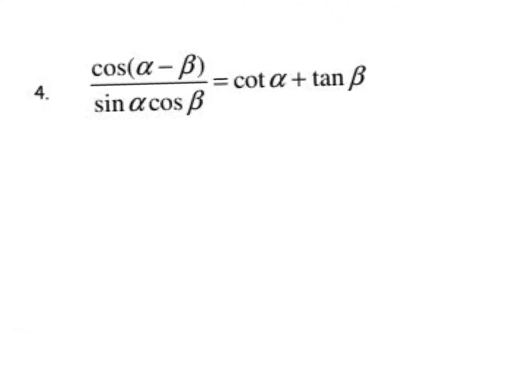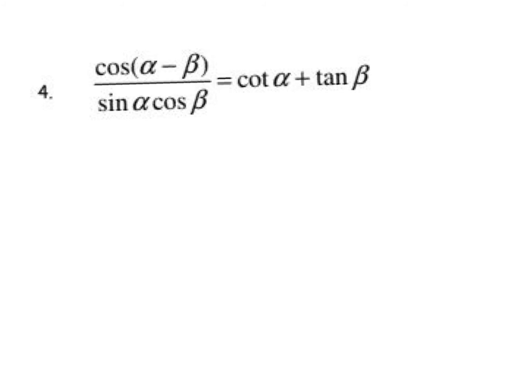Number 4, we want to prove that the cosine of alpha minus beta divided by the sine of alpha times the cosine of beta is equal to the cotangent of alpha plus the tangent of beta. All right, so once more, we're just going to apply our rules to this.